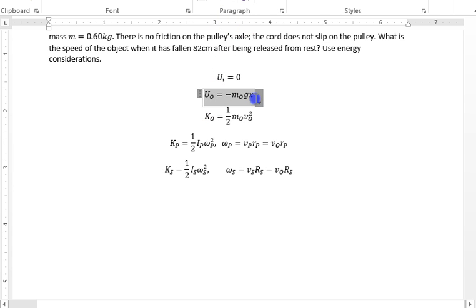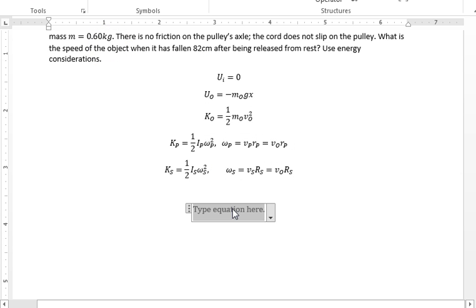Then we've got minus mgx plus 1/2 m v naught squared plus 1/2 I_P R_P squared v naught squared plus 1/2 I_S R_S squared v naught squared, which is going to be our total energy, right?